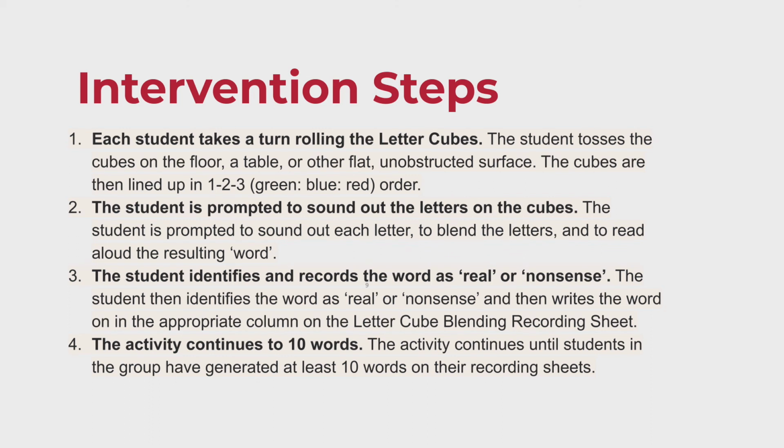The student will identify and record, or write, the real or nonsense word. They will record this on the letter cube blending record sheet, and there will be a column for real words and nonsense words. They will write the word in the respective column. And number 4, the activity will continue to 10 words. So once the student has made at least 10 words, you can stop. This gives them enough practice generating new words.